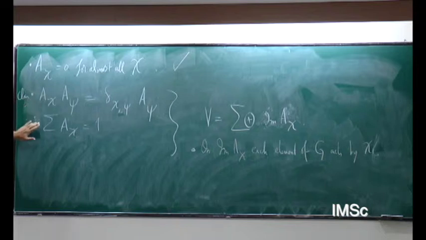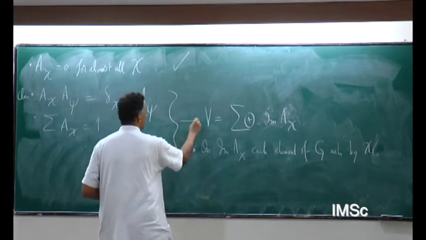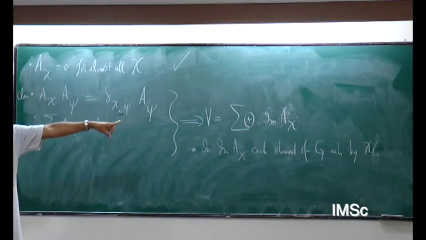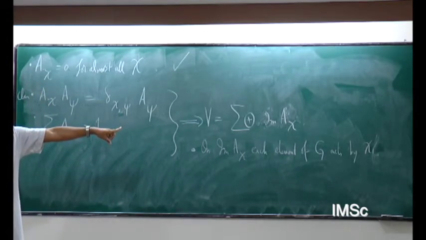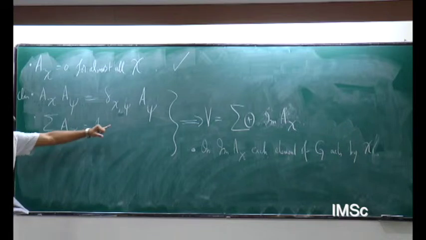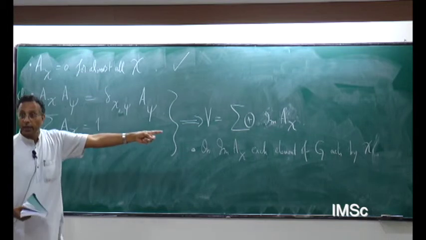Now we are assuming all these claims, right? Given these two, the first one follows. How does the first one follow? Take an element of V and apply this to V. V is equal to the sum of A_chi V. A_chi V is of course in the image of A_chi.